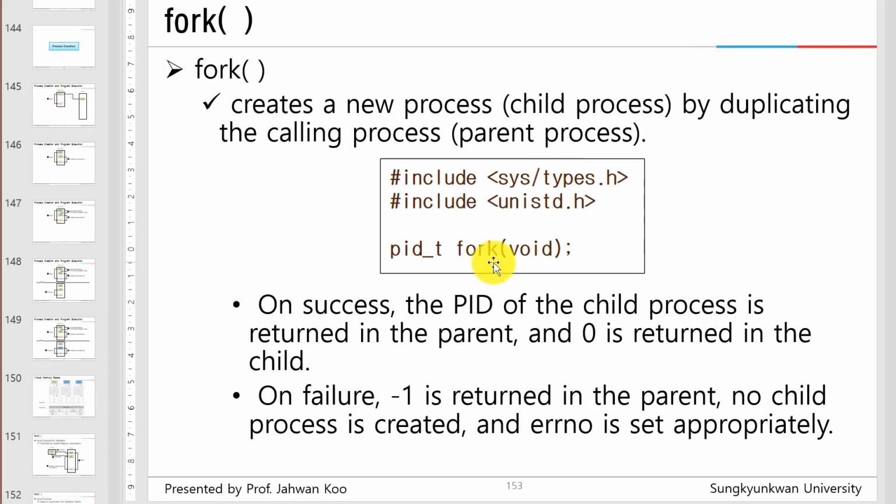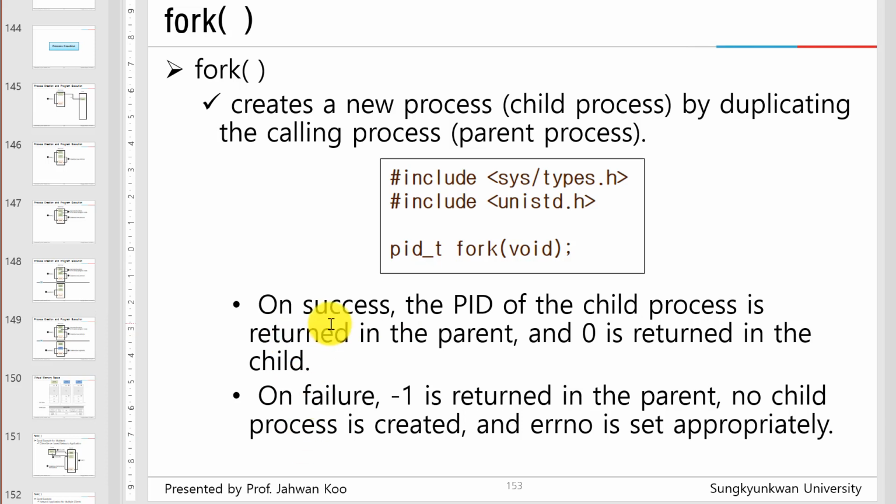No argument. Return type is pid_t system data type. The unistd.h header include file is needed. What is the return value according to the success and failure of the fork system call?